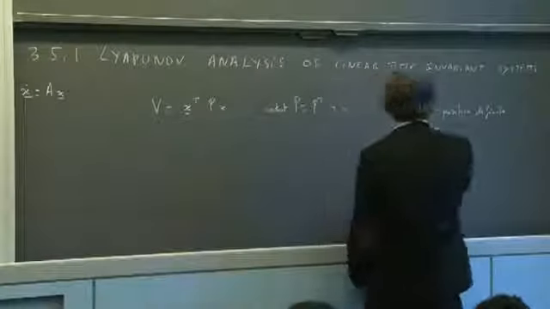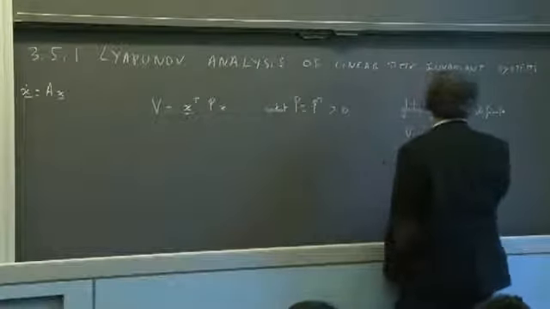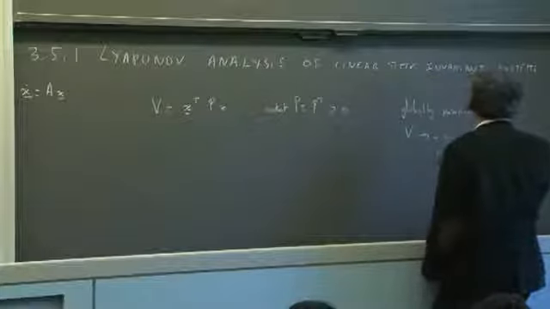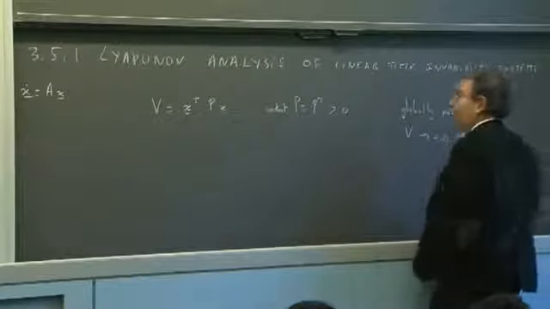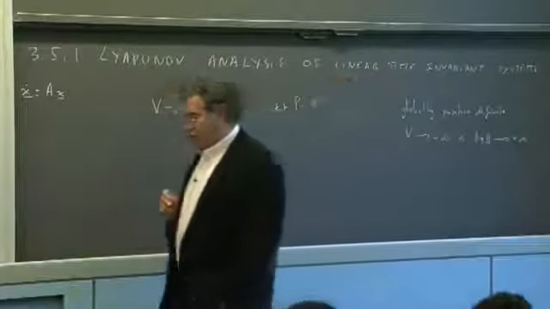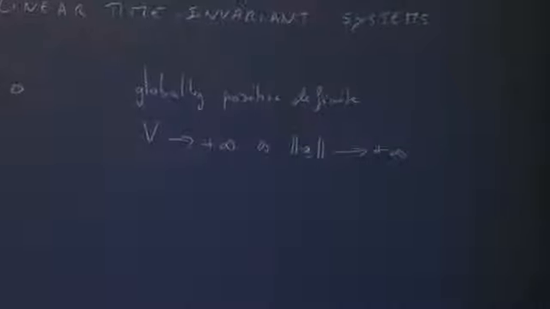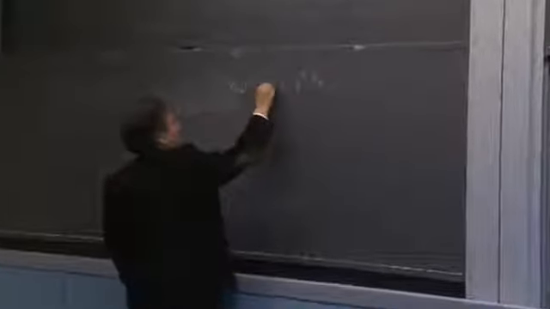And, of course, V tends to infinity as x tends to infinity, also because P is a positive definite matrix. Remember, we said if you have something like x transpose Px, it's going to be lower bounded by lambda min of P times x transpose x.